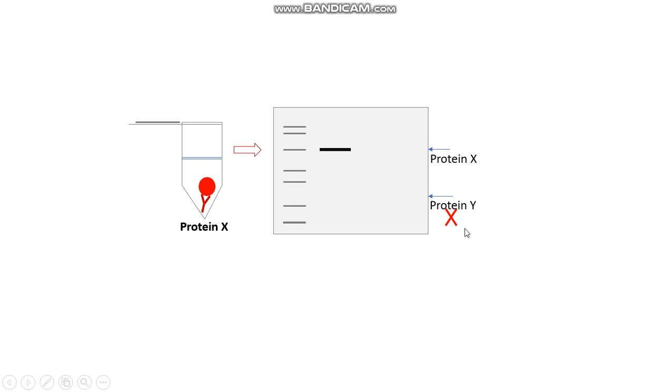But when you incubate with the anti-protein Y antibody to detect protein Y, you cannot detect the protein Y band here. That indicates that protein X does not interact with protein Y, so there is no complex formed, right?